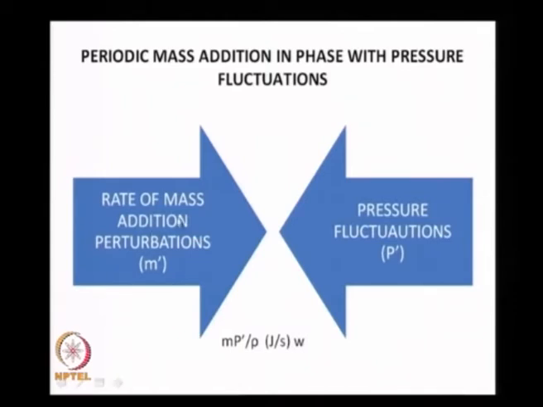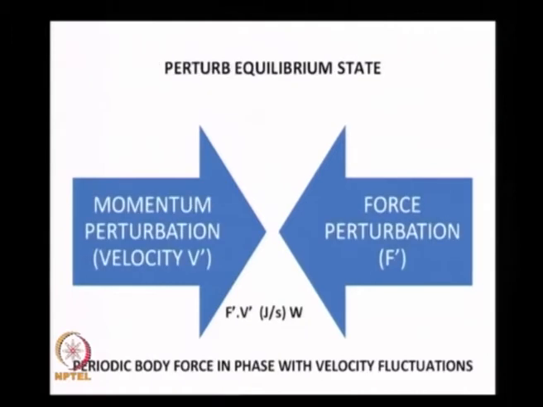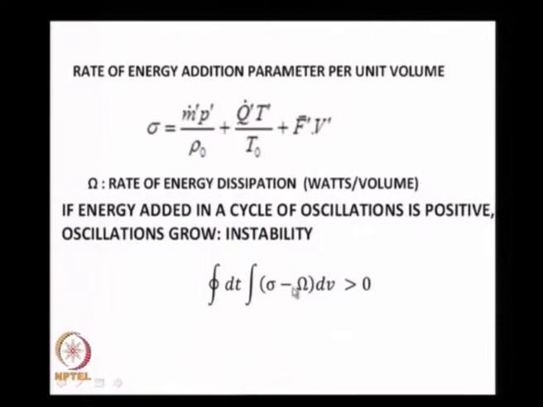Maybe rate of mass addition perturbations in phase with pressure will lead to enhancement. Similarly, rate of heat release fluctuations in phase with temperature fluctuations, and from this we derived the Rayleigh criterion for heat release. Similarly, you have force perturbations in phase with velocity perturbations, or periodic body force in phase with velocity fluctuations, giving power to increase the amplitudes, and we put all these things together.